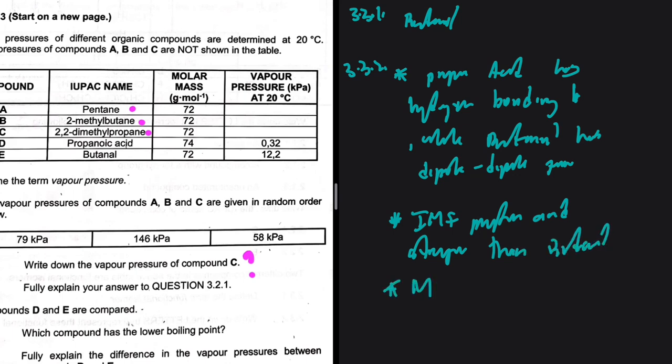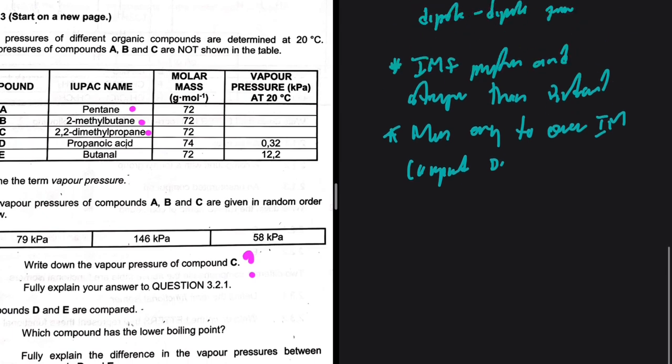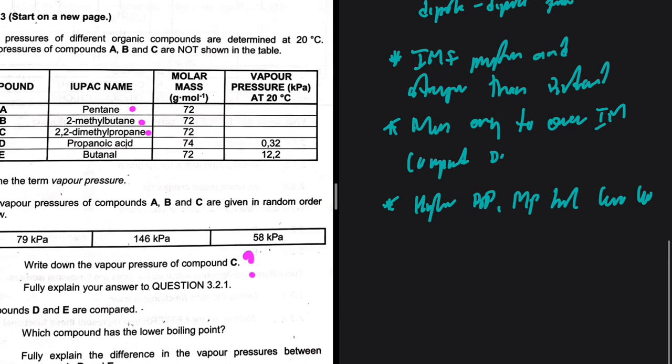As a consequence, more energy is required to overcome the intermolecular forces in compound D, our propanoic acid, and as a consequence it is going to have a higher boiling point, melting point, but lower vapor pressure.